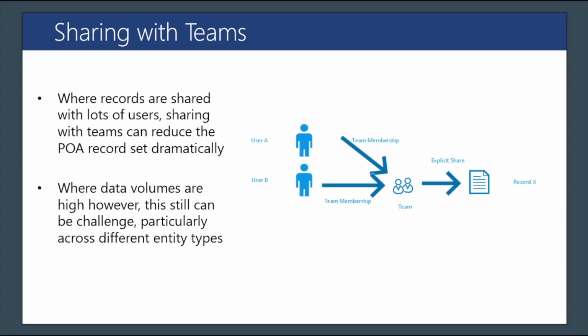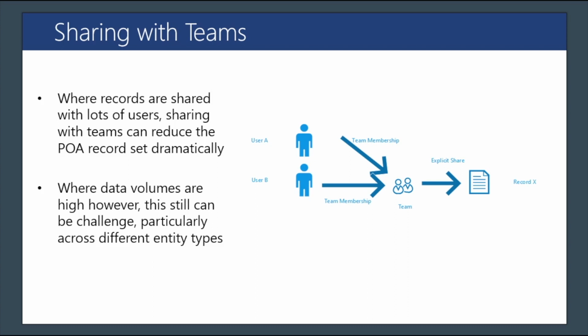And when you're going to be sharing with many users a given record or records, evaluating team as a method for sharing the records with those users is something that should be considered. Okay? Now, it could still present a challenge when you're looking at very large data volumes, okay, because you're still sharing the given record and potentially many child records for each record that is shared.